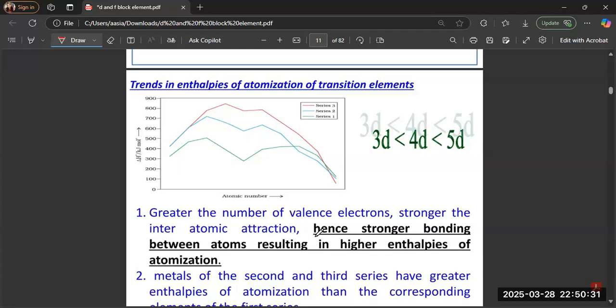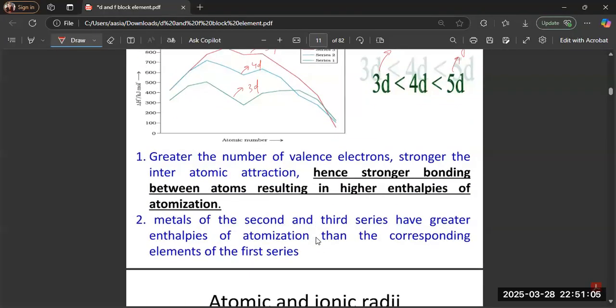You can see that the highest enthalpy of atomization is seen in the 5d series, shown in red color. This is for 5d, this is for 4d, and this is for 3d. From the graph, you can see which has the highest enthalpy of atomization and which has the lowest.